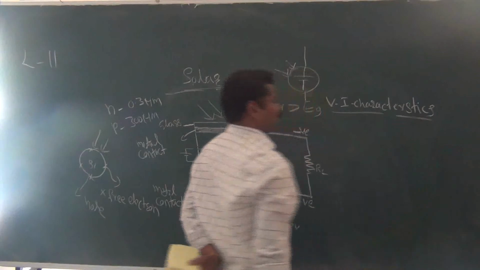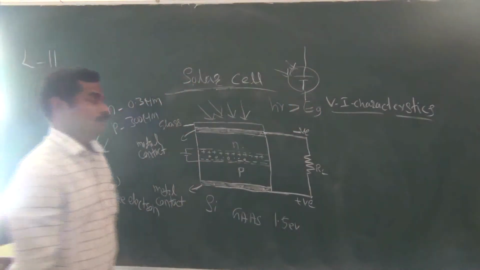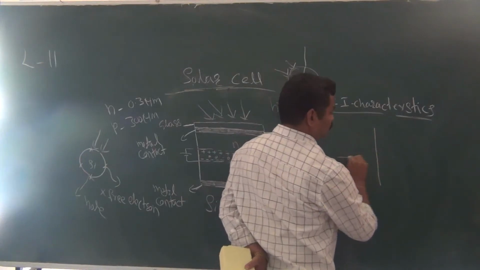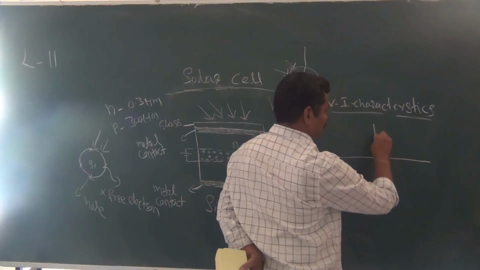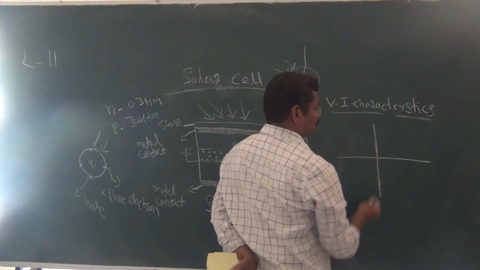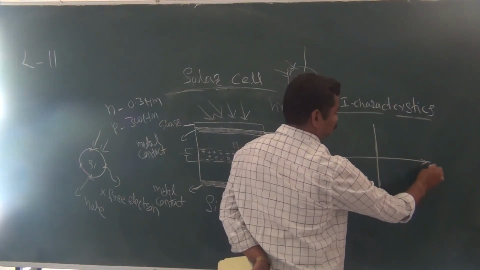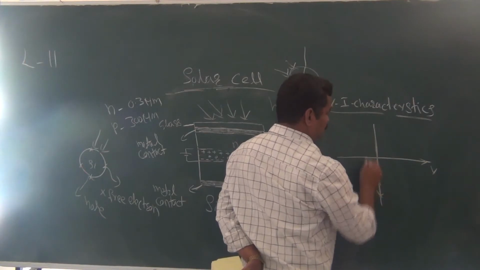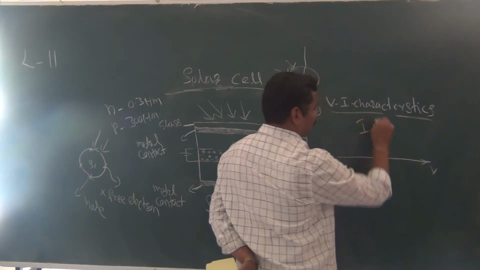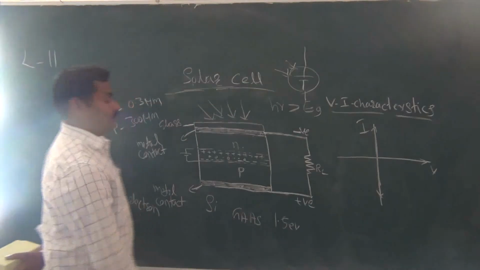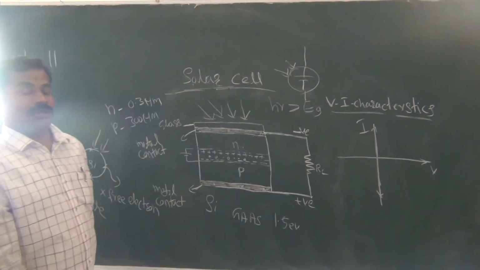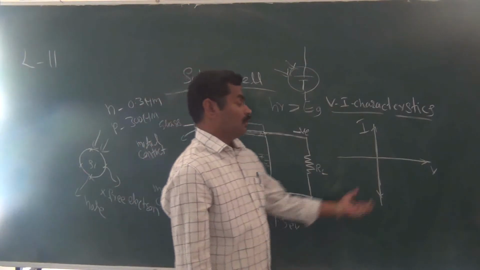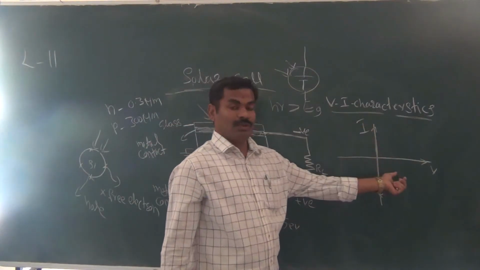What are the VI characteristics of a solar cell? They are very simple. As usual, you study them with the help of a graph, studying the effect of current and voltage. As usual, this is your voltage axis and this is your current axis, I. The important thing: as compared to the photodiode or light emitting diode, you study the VI characteristics of the solar cell in the fourth quadrant.